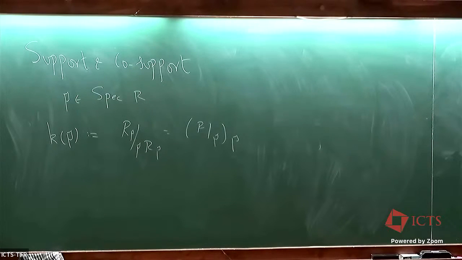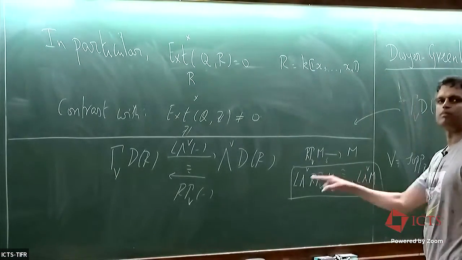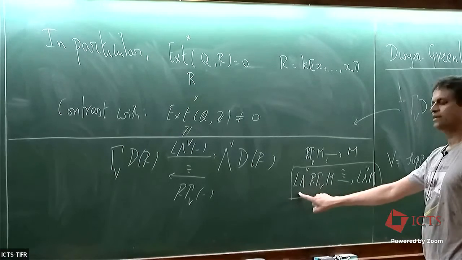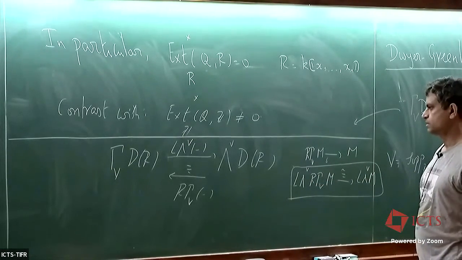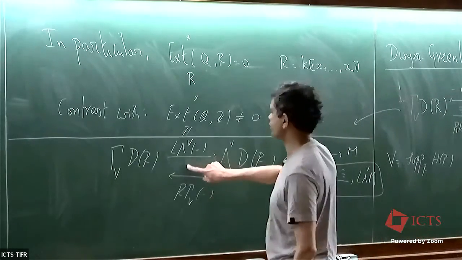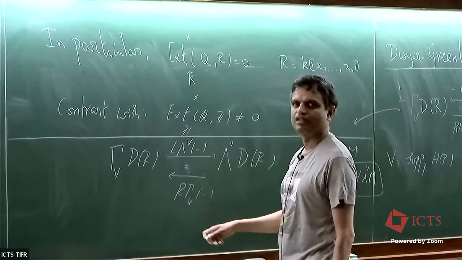It's not an isomorphism. The claim is that this induces an equivalence when you apply L lambda to this map. Equivalence of categories. That's all, yeah.